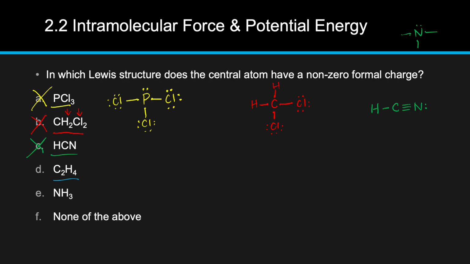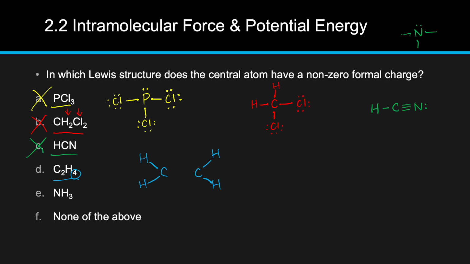C2H4. So again, whenever you see carbon, start with that in the middle. We have 2 carbons. And whenever you have an organic molecule like this, split the hydrogens between the carbons. Since we have 4 hydrogens, I'm going to put 2 on one carbon and 2 on the other carbon. We know hydrogen can only have 1 bond, so let's start there. 1 bond, 1 bond, 1 bond, 1 bond.